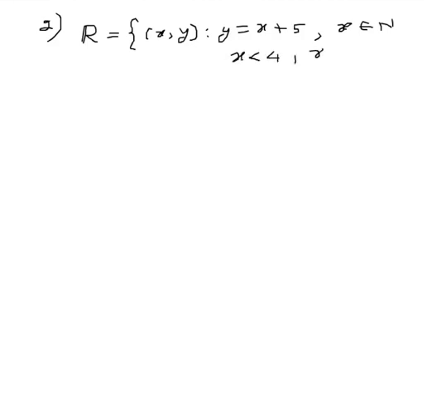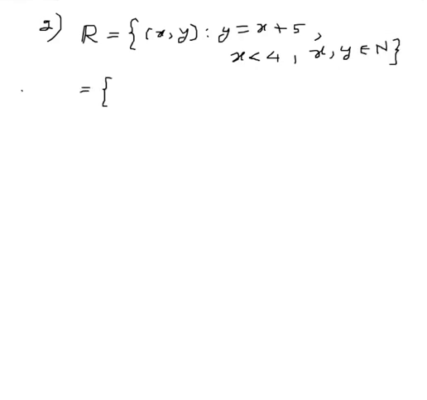Question number 2. Define a relation R on the set N of natural numbers by R equal to the set of all x, y such that y is equal to x plus 5, where x is a natural number less than 4, and x, y both are natural numbers.